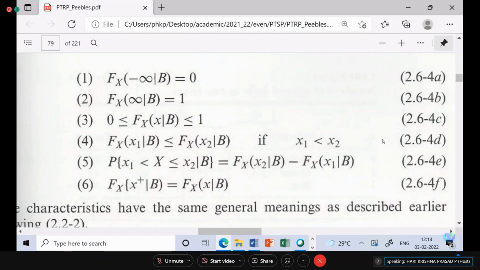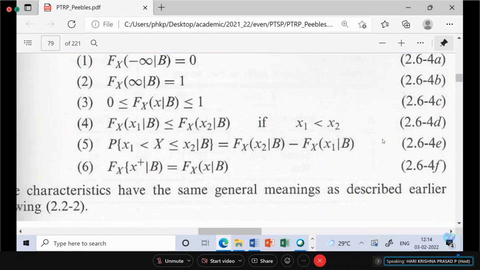When you combine these two disjoint events, what the fifth property says is, if you consider the difference between the distribution function value at x2 and x1, it is nothing but the probability that the random variable takes values in the range x1 to x2. So that property is not getting affected by the conditioning event.